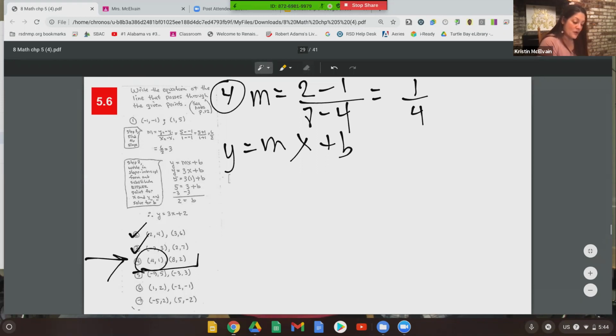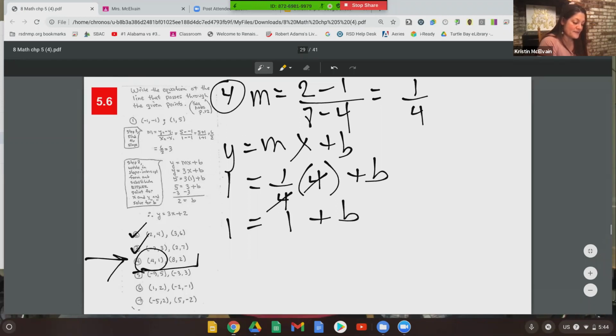Okay, so now we're going to use one of our coordinates. Use this one here, 4 and 1. So y equals 1 is 1/4 times my x, which is 4, plus b. This cancels out, gives me 1 equals 1 plus b. Of course, this is 4 over 1.